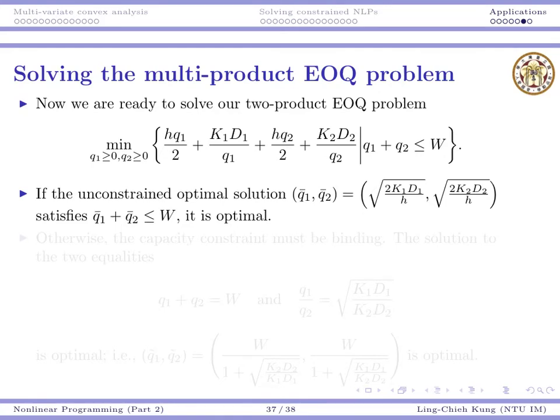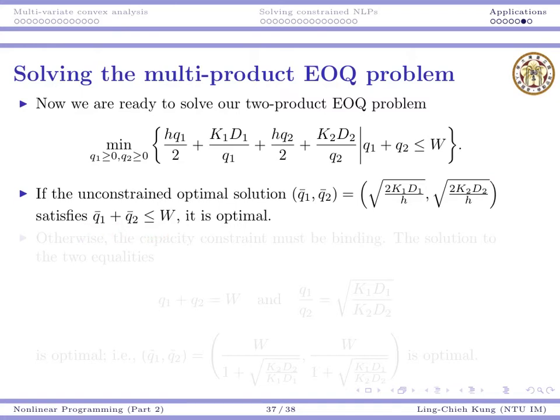So now, if we want to solve our two-product EOQ problem like this, for the unconstrained problem, if we ignore the constraint, then this is the unconstrained optimal solution, right? We may verify whether it is feasible.